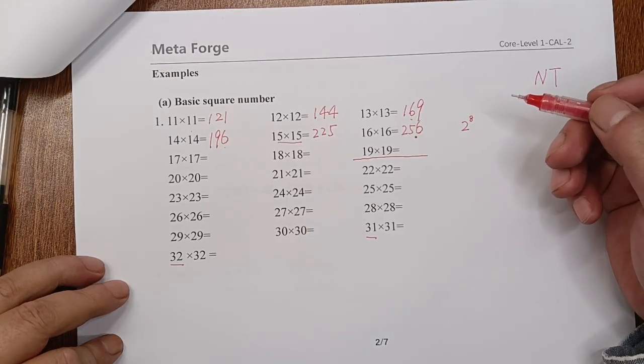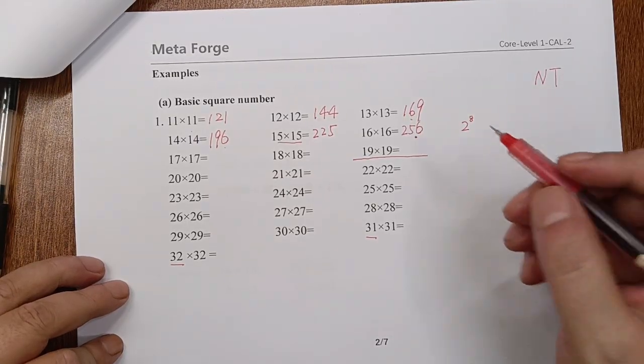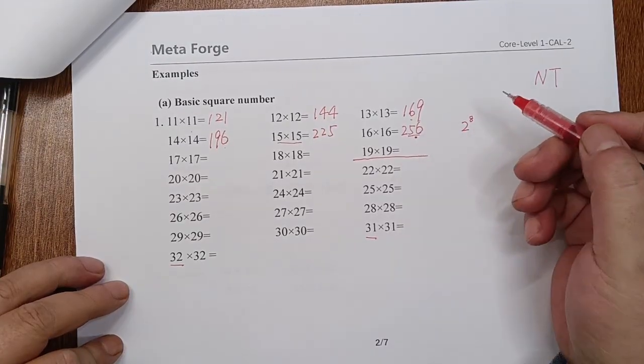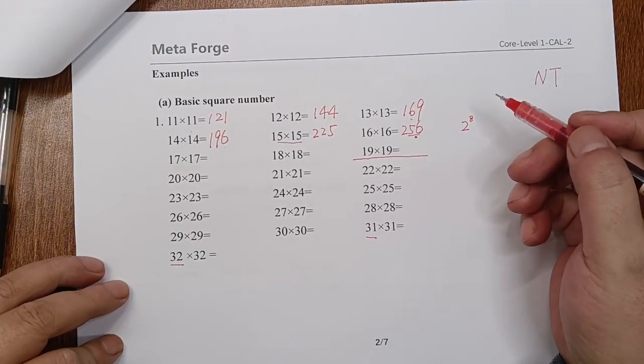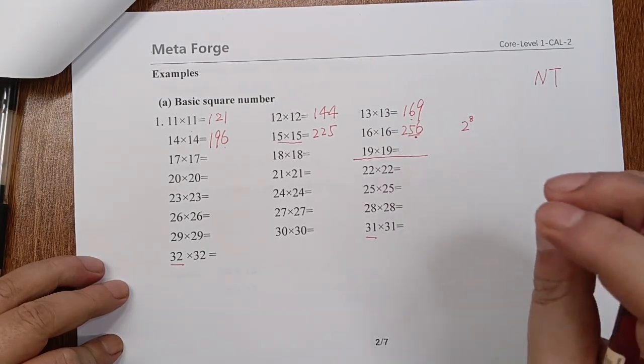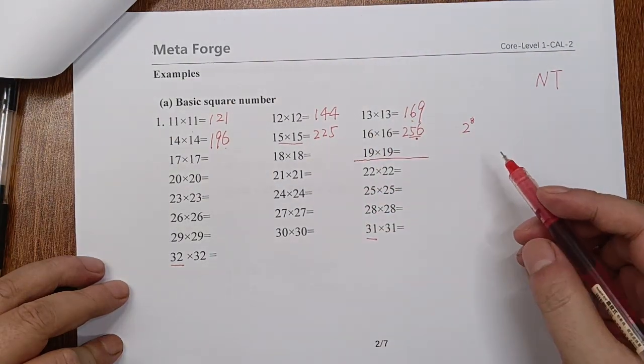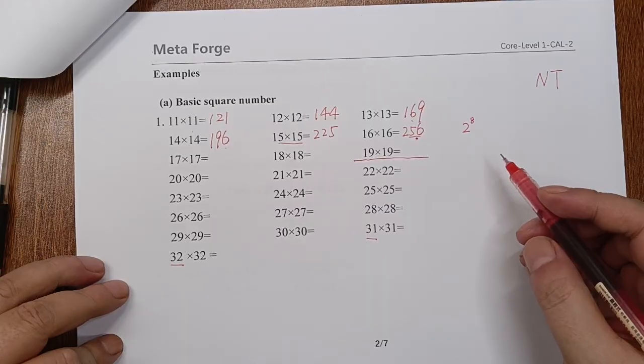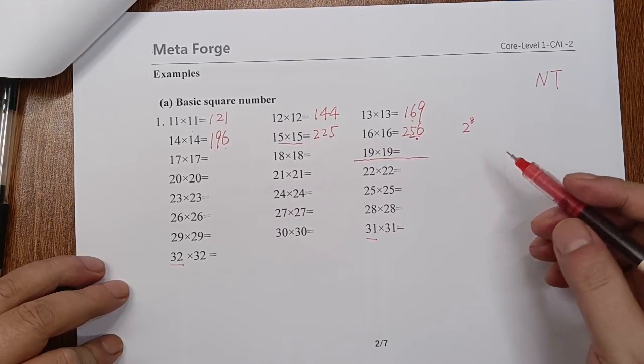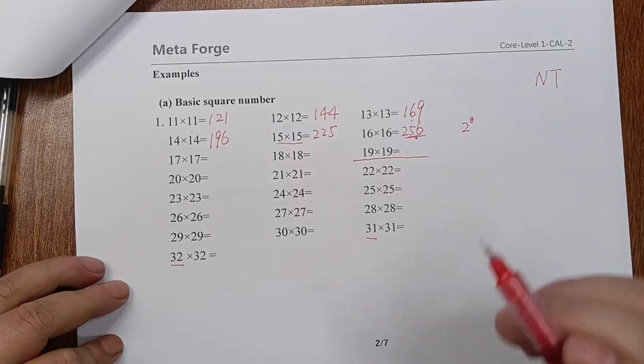It is a very common, very important basic number in computer systems and computer science. That's the basic number.